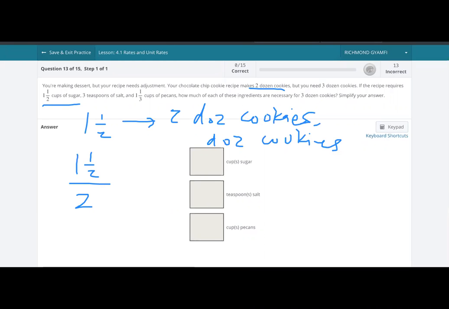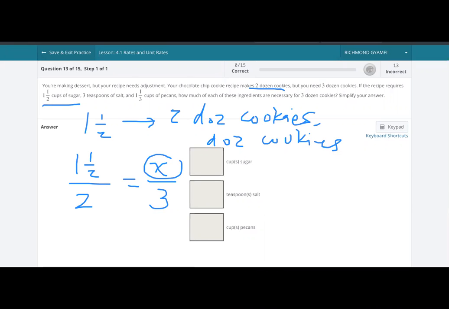That is the 2 dozen cookies, right? So that is the rate. Now we have to set it equal to another rate. And what is that going to be? This is going to be X cups of sugar over 3 dozen cookies, right? Because what you need is the 3, and we want to find how many cups of sugar.